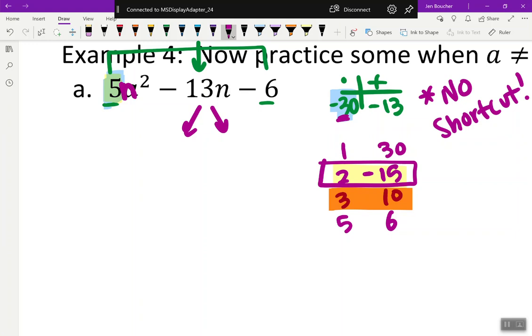No. So let's regroup things. 5n squared plus 2n minus 15n minus 6. Then once I get them into 4 terms, what do you automatically know to do? Group it.